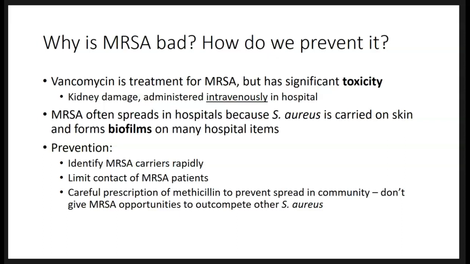We need to identify people that may have MRSA as part of their normal microbiota, because they can potentially spread the bacteria to others. Patients who do have MRSA infections should have limited contact with other patients. Remember, the hospital is a setting where many sick people are kept in a very small area. And so serious diseases that some of those people have could spread to other patients and make them even more sick.